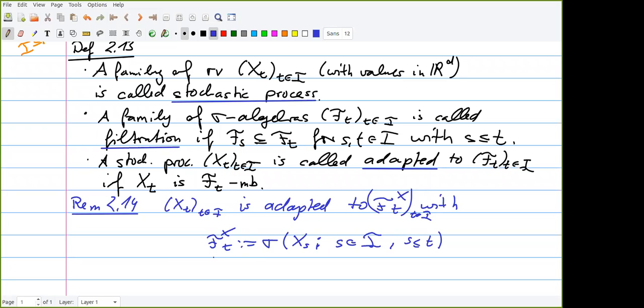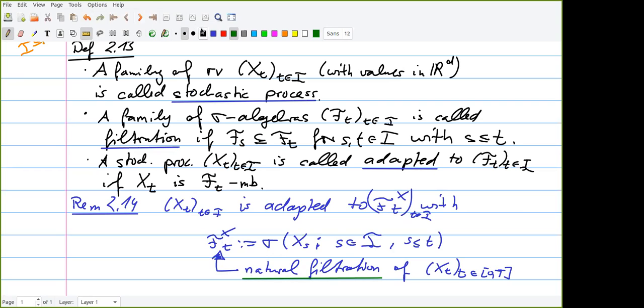And this is then often called the natural filtration of X. It is the minimal filtration to which a process is adapted.